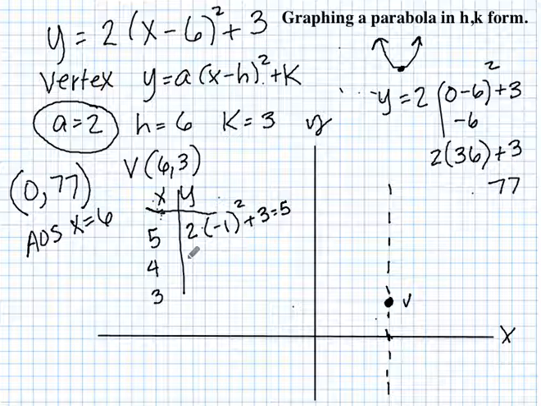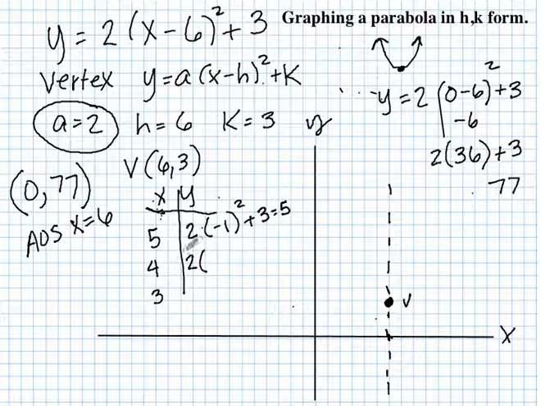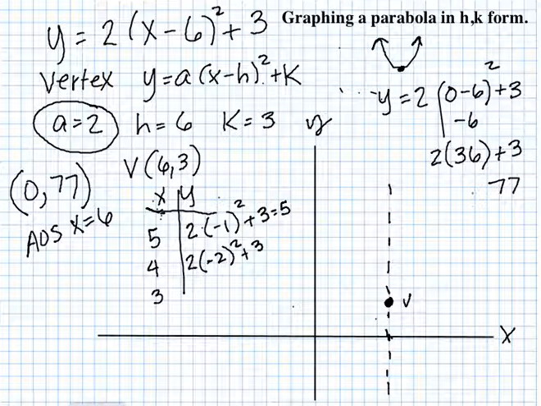Now I'll plug in 4. 4 minus 6 is negative 2, squared, plus 3. Negative 2 times negative 2 is 4. 4 times 2 is 8. 8 plus 3 is 11.